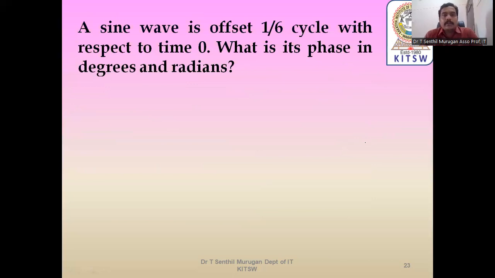See here, a sine wave is offset by 1/6 cycle with respect to time 0. What is its phase in degrees and radians? The period starts at 1/6 cycle, so 1/6 times 360, because we are converting into degrees, gives 60 degrees.